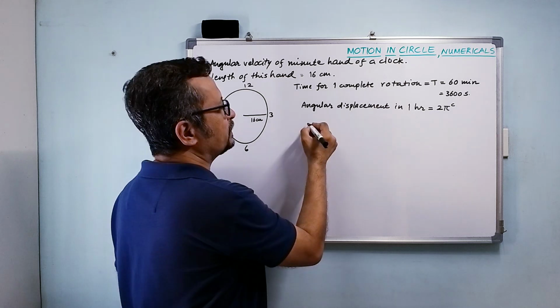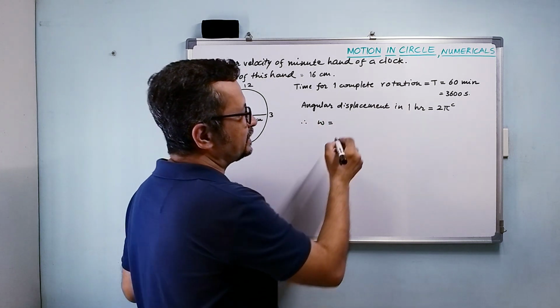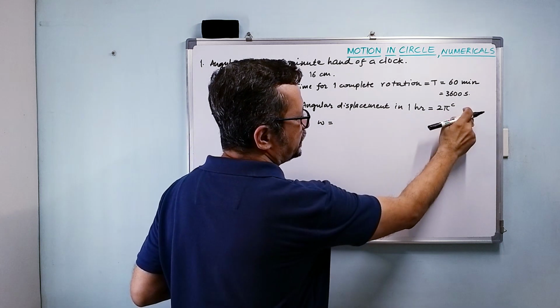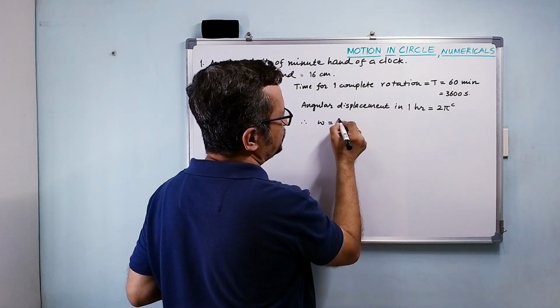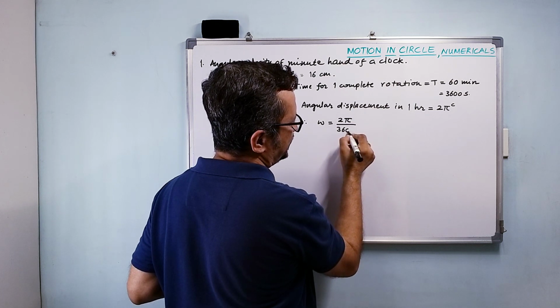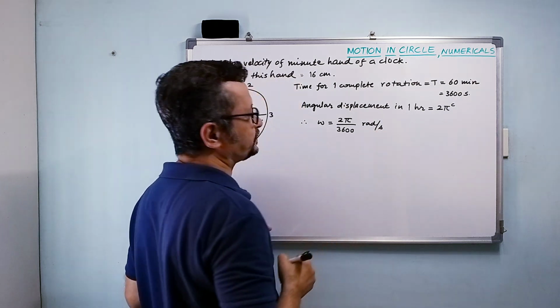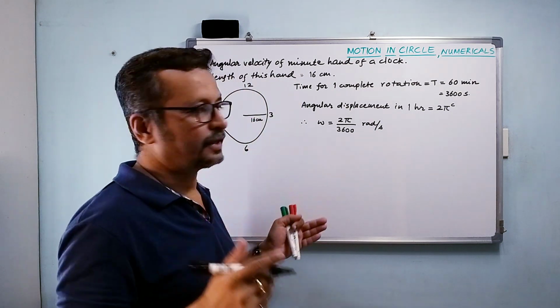So my angular velocity, omega, is equal to my angular displacement upon time. So that would be equal to 2 pi upon 3600 radian per second. So that is my angular velocity.